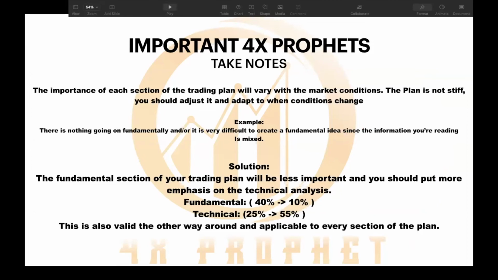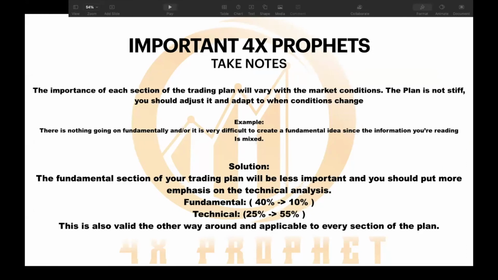The importance of each section of the trading plan will vary with market conditions. Like I already said, you need to be versatile. The plan is not stiff. You should adjust it and adapt to it when conditions change. For example, there's nothing going on fundamentally, like I explained already, or it is very difficult to create a fundamental idea since the information you're reading is mixed.